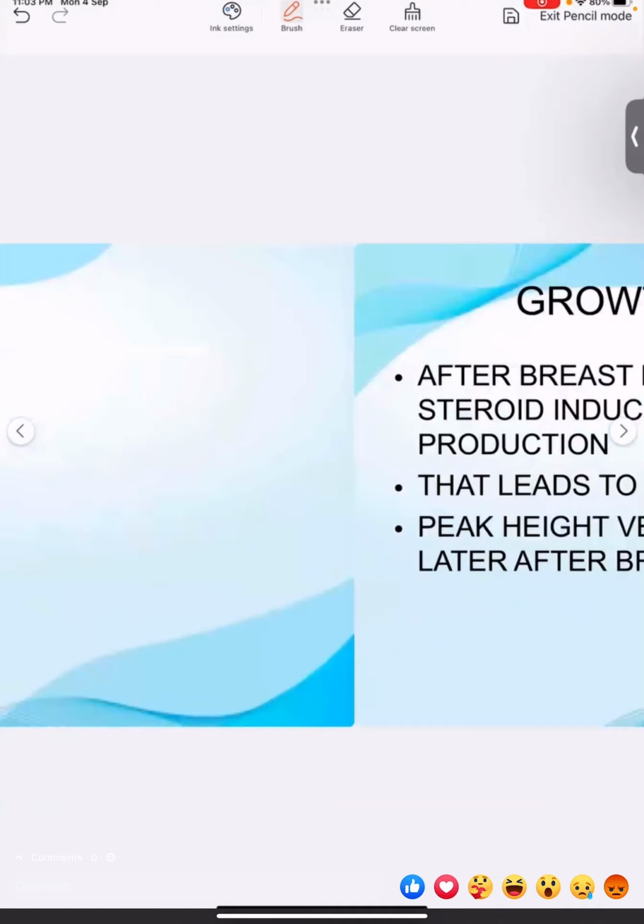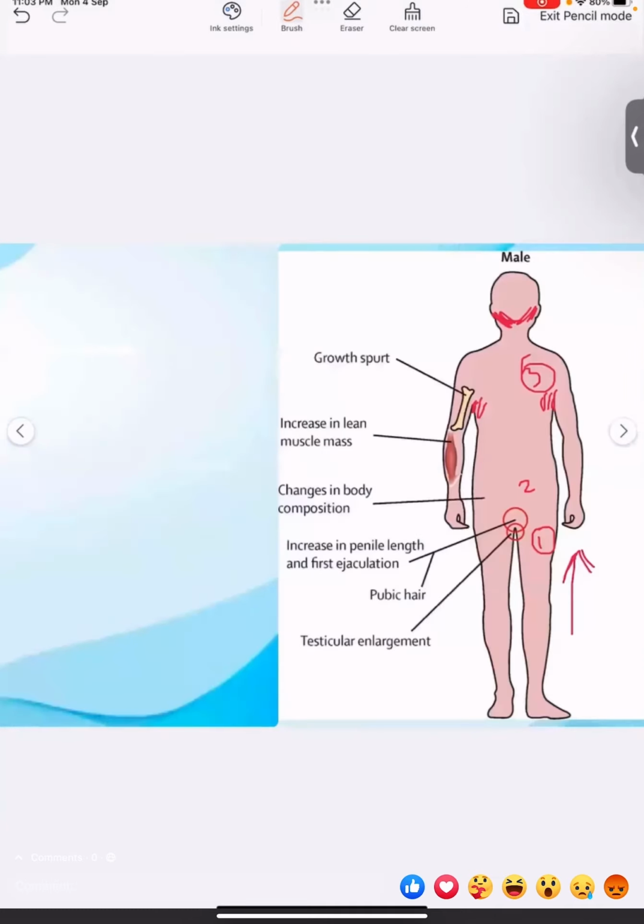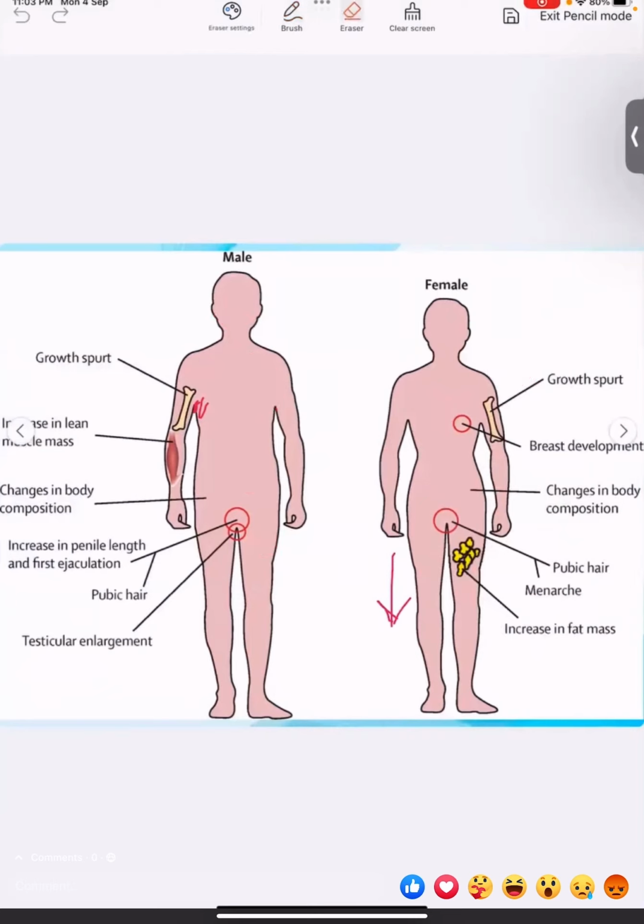This picture is basically showing us the exact timings of puberty. We have the signs for the male from down up. The first sign of puberty in case of male is testicular enlargement. Second is pubic hair formation. Then the patient may have axillary hair, and after that beard formation.